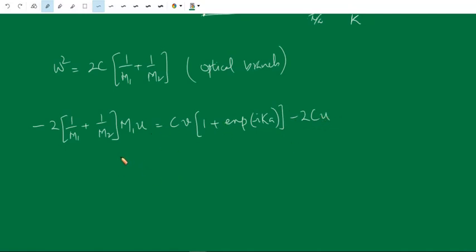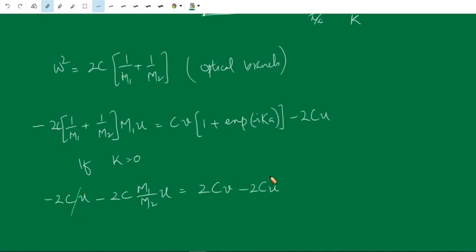In this expression, what happens if k is equal to 0? This will be minus 2c u minus 2c m1 by m2 u is equal to, when k equals 0, the exponential becomes 1, so 1 plus 1 is 2, giving 2c v minus 2c u.